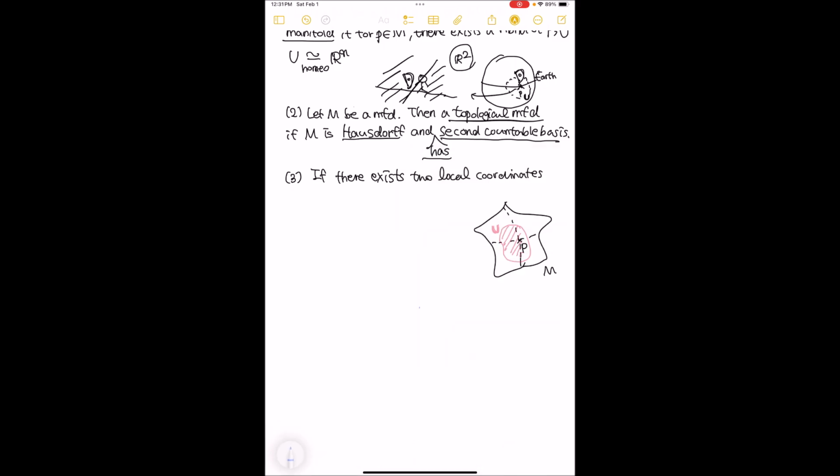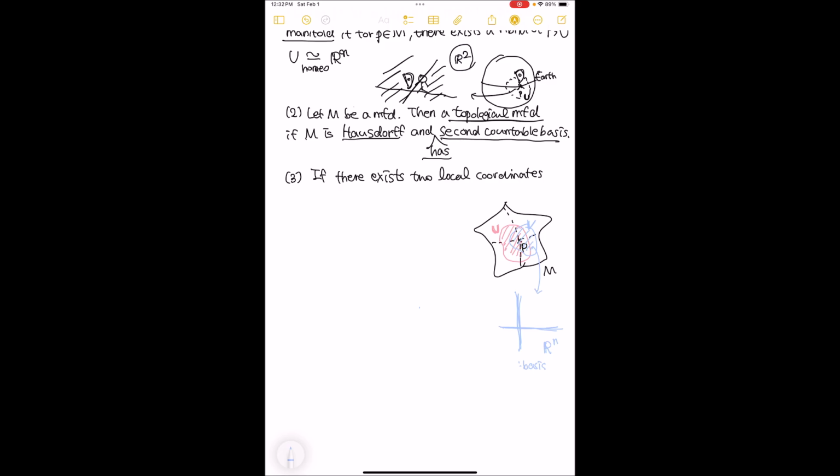What is a local coordinate? As I said, if we take a neighborhood of P, the neighborhood is isomorphic to R^n, but we think about the basis.